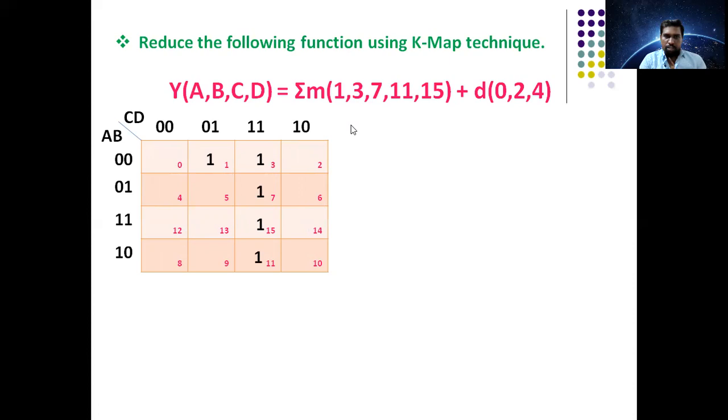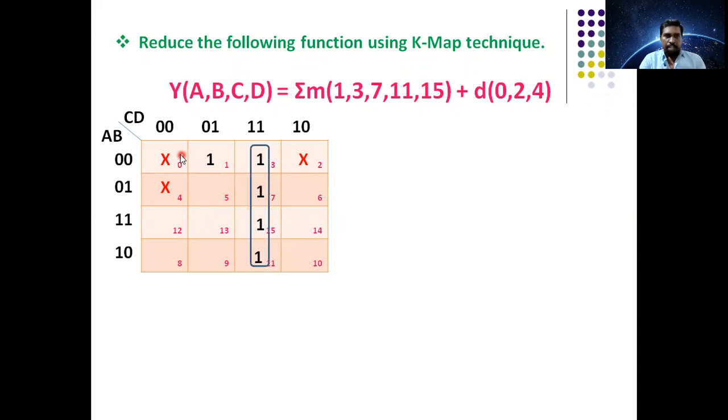In these 3 positions, I kept 1. 0, 2, 4, I should keep X marks. Why? Because those are don't care combinations. Now, clearly you can observe this. 3, 7, 15, 11, all these are adjacent to each other so that it will become one quad. So, directly write the quad.